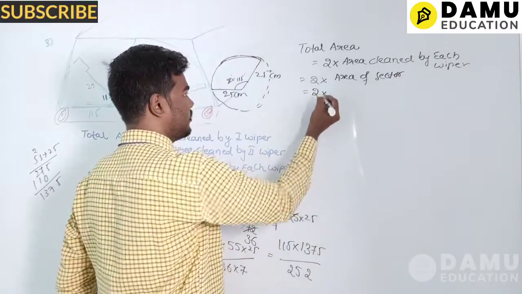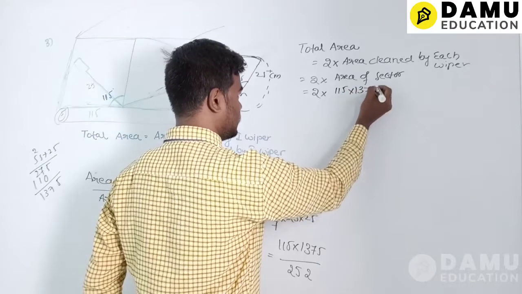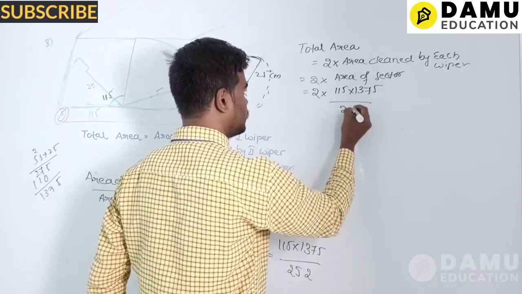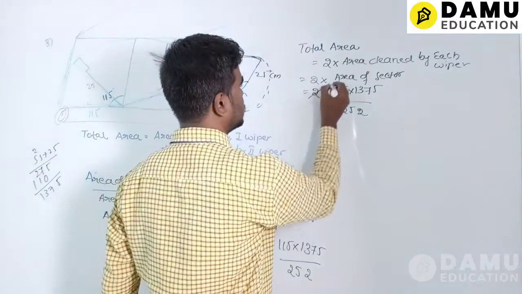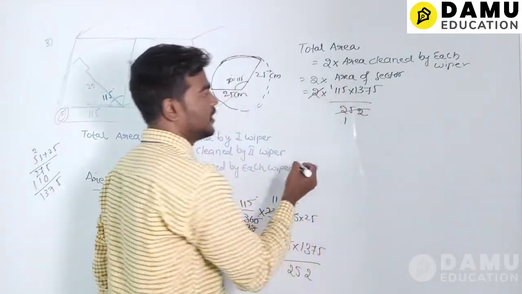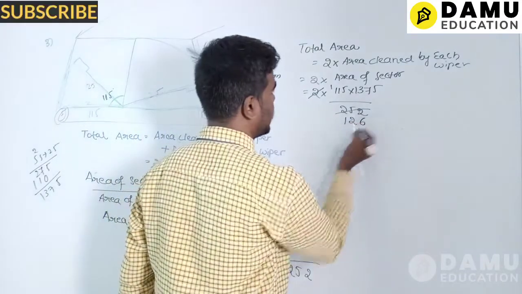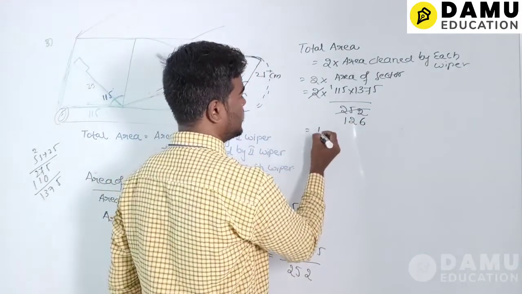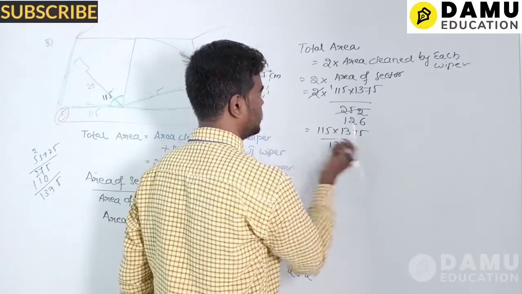So 2 into the area of the sector is 115 into 1375 whole divided by 252. Let's cancel: 2 ones are 2, 2 twos are 4, 2 6s are 126. So it is 115 into 1375 by 126.